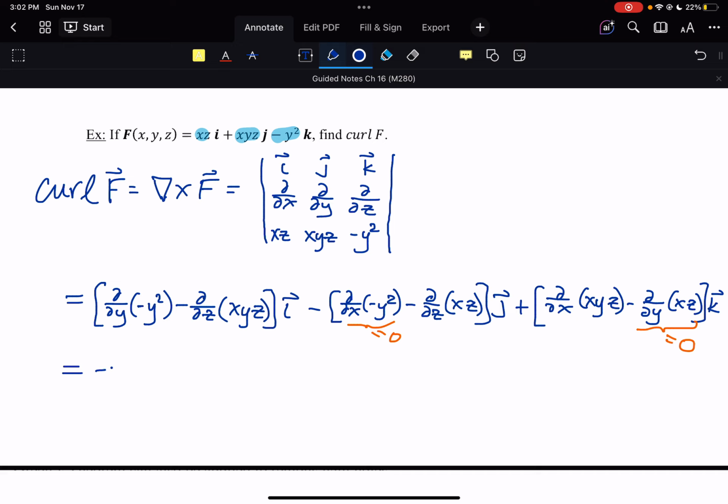We can factor out a negative y, so that's negative y times 2 plus x. That's the i component. This one, negative, negative, so positive x, so xj. Plus, with respect to x, that's just yzk.